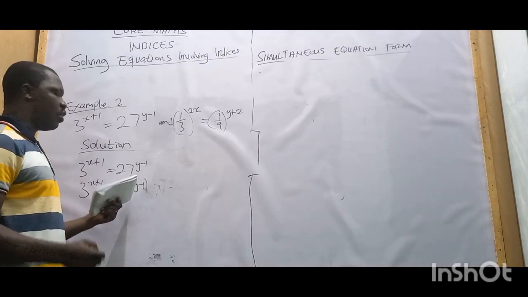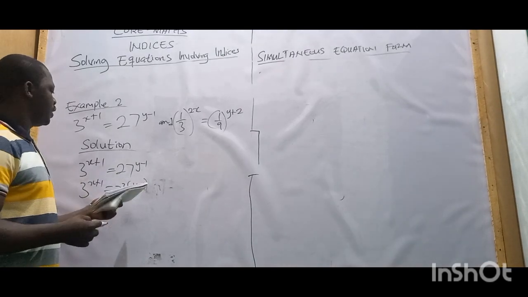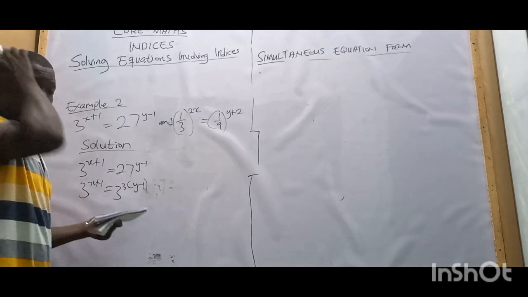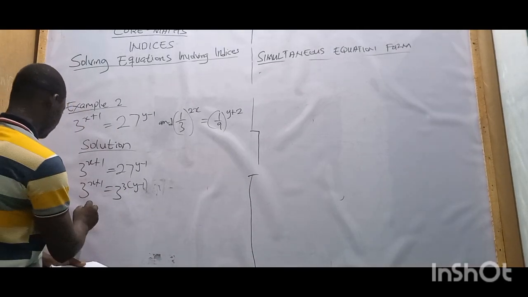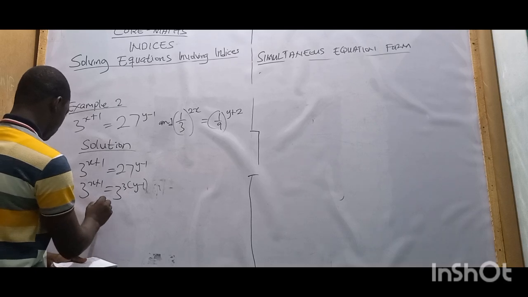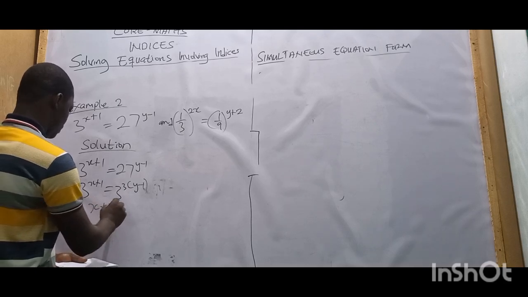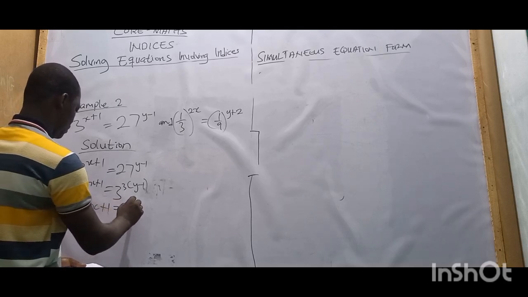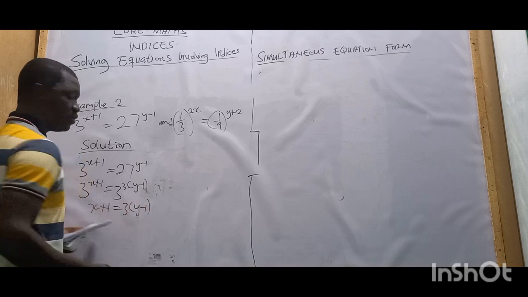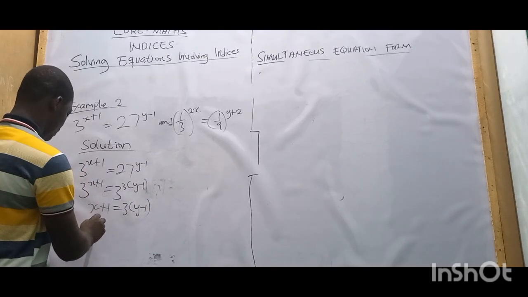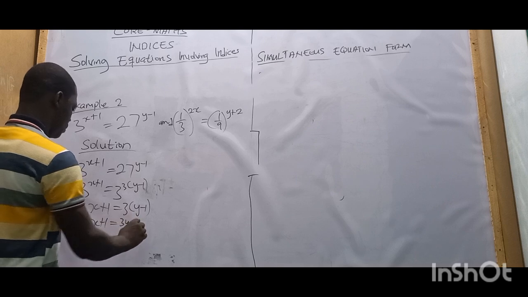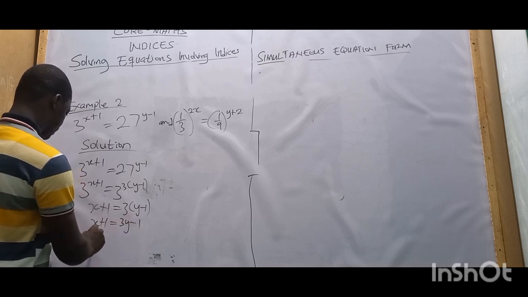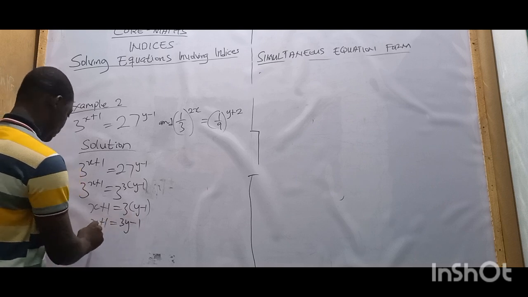Please, always put the exponent in bracket form. So since the bases are the same, I'll just equate the exponents. So I'll simplify. Then I'll group like terms.